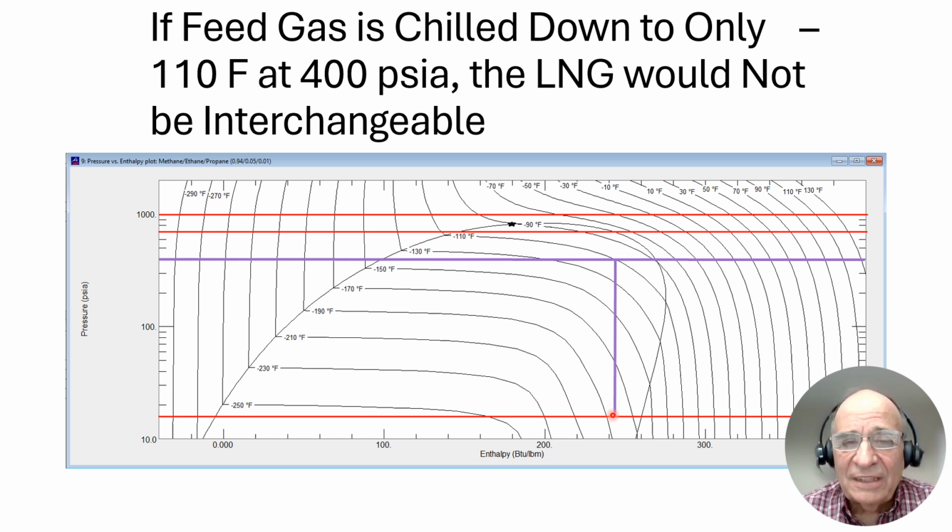Let's bring in the feed gas now, instead of at 400 psi absolute, at 500, 600, 700. We'll bring it in at 700 psi absolute. So we cool down our feed gas to minus 110 degrees. And look how much further along we are when we drop down in a JT valve.